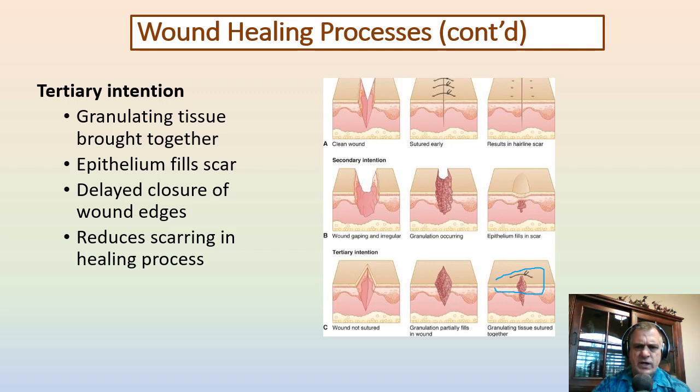They may have had a drain in there, just closing part of it and then letting it close, because it may have been infected, leaving that portion open right there. And once the infection starts to clear, that will pull closer together and that will leave at least a little larger scar. So it doesn't say it's absent of scar, but it reduces scarring in the healing process. Okay, so be able to distinguish those types of healing process: primary, secondary, and tertiary intention.